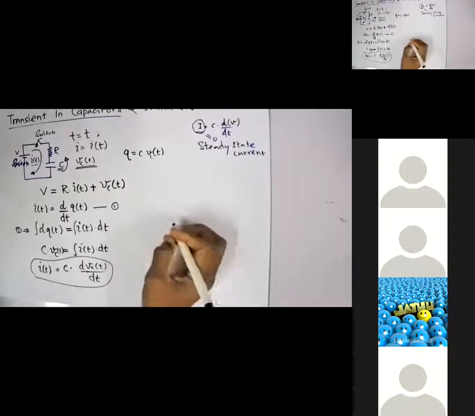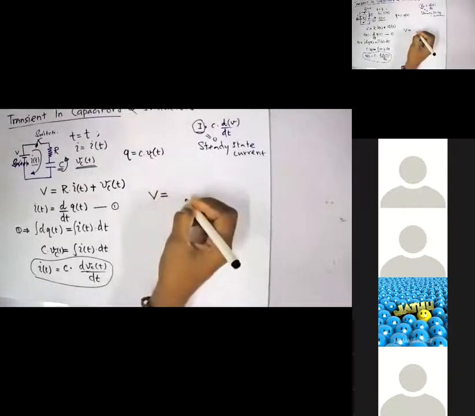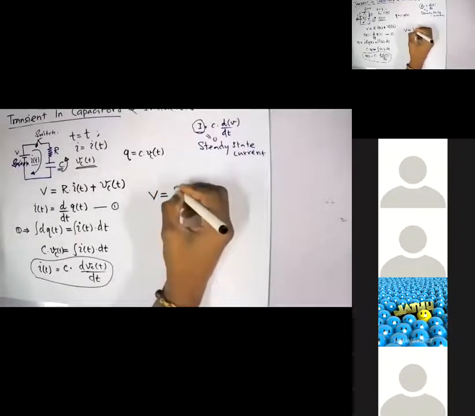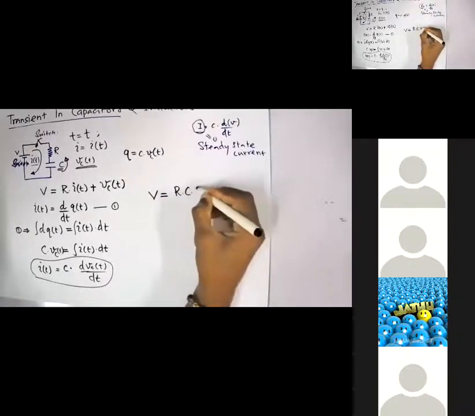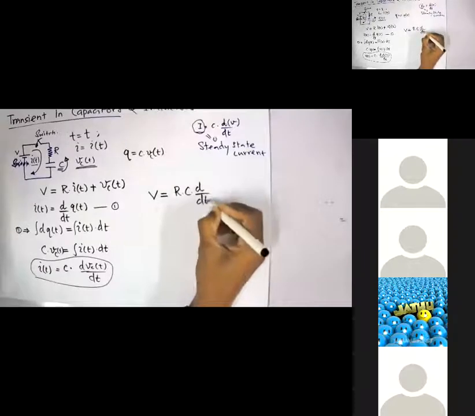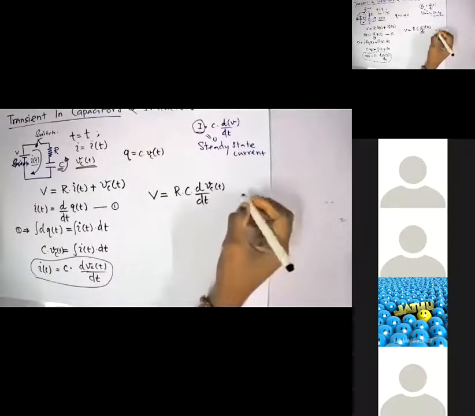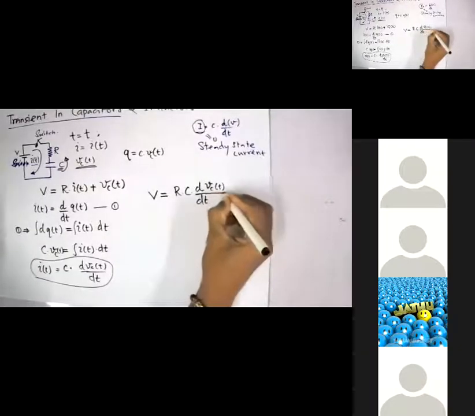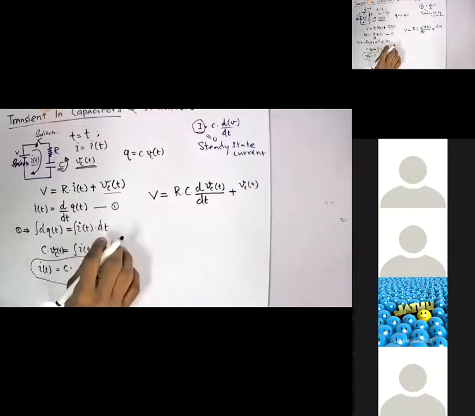So I can say my total voltage V equals R into C into d/dt of Vc of t, plus this Vc of t. Am I right? Plus this Vc of t.